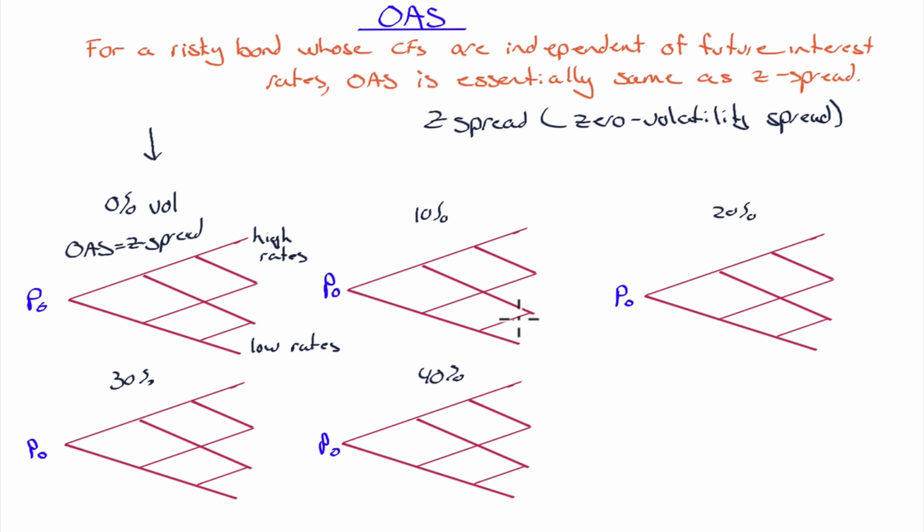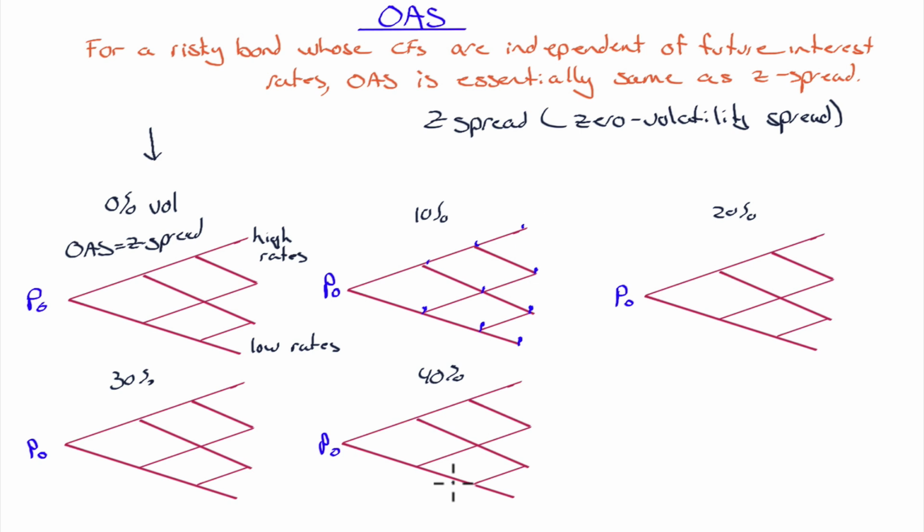Then we calibrate the tree by trying to recover the price of a government bond. When we introduce a risky bond, we have to add some amount of spread to each of these rates to recover that price. Well, we would normally call that a Z spread, but because we're pricing out a bond with an option, we're going to call it the option adjusted spread, and here's why.